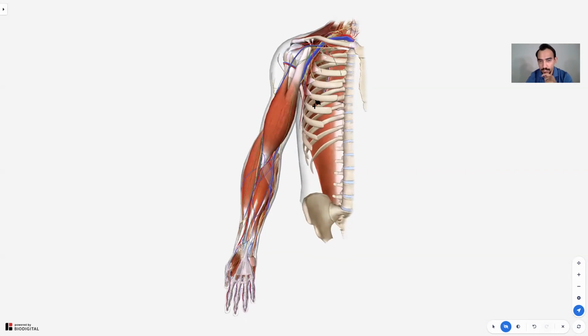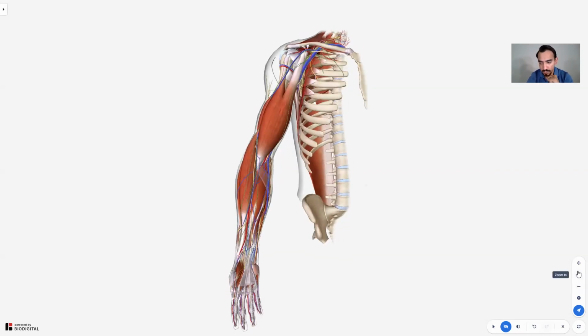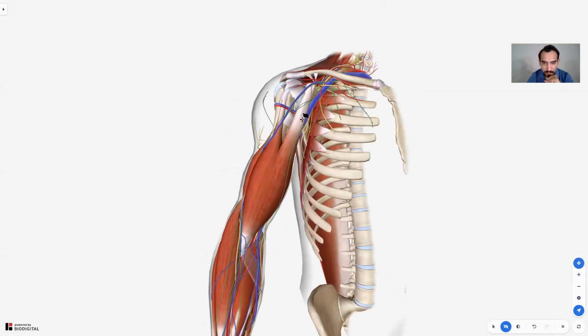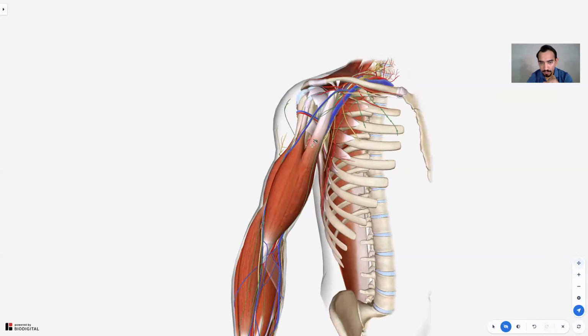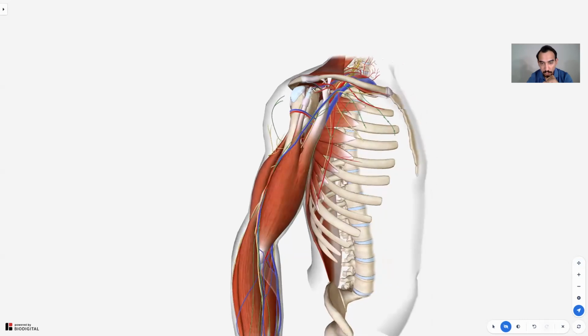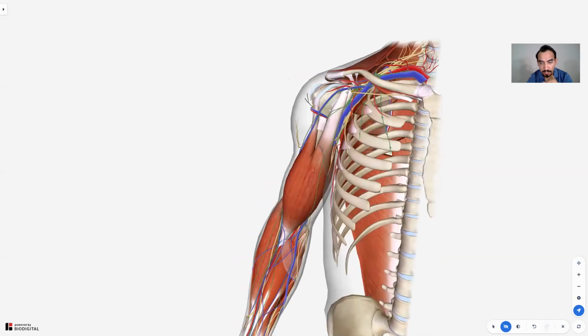Now you can see the biceps, so we are going to start with it. Let me zoom in. The long head of biceps starts from the supraglenoid tubercle, and the short head originates at the coracoid process.